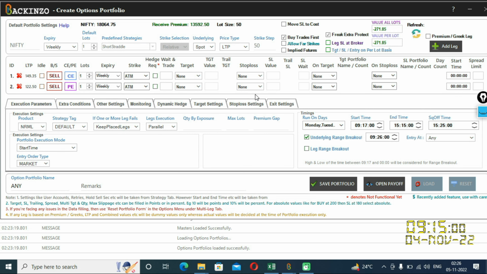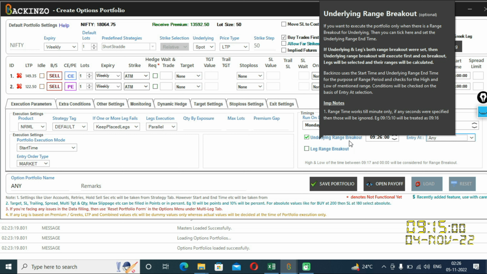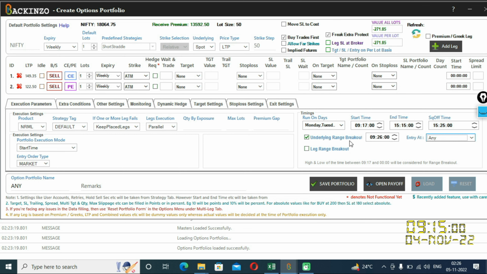So this is the third case wherein short straddle is in place, but this time I have chosen entry at as any condition. That means whichever gets breached first, range high or range low. Before I save this portfolio, I want you to note one point: if underlying range breakout and leg range breakout both were set at the same time, then in that case underlying range breakout will execute first, and on breakout legs will be selected and their range will be calculated.